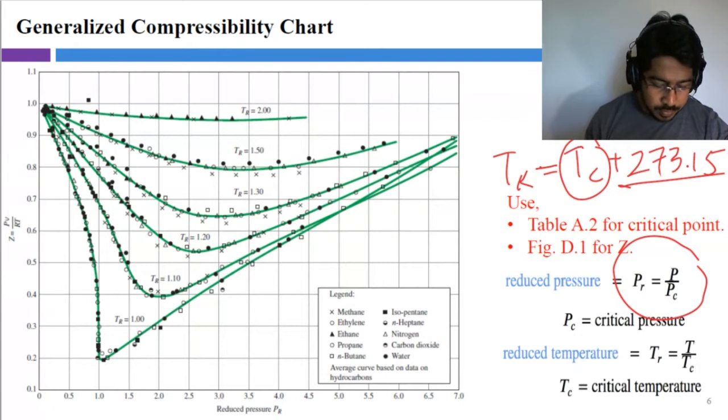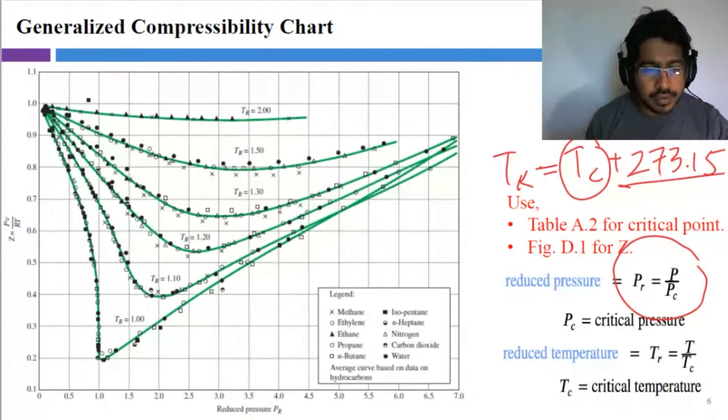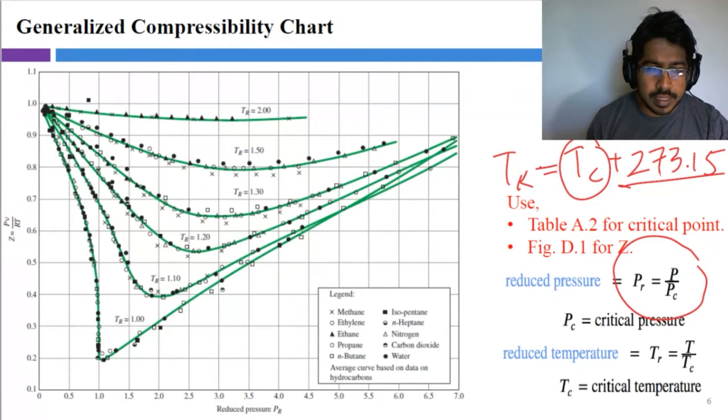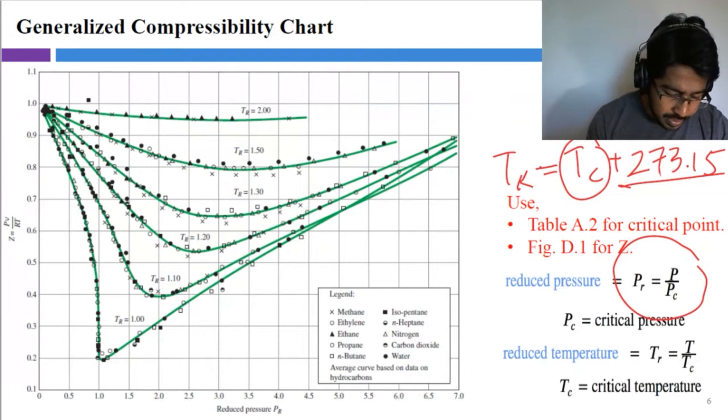Perfect. So now let's say for a given gas, we calculate our reduced pressure as 2, and our reduced temperature is 1.2. In such a situation, we need to find our compressibility factor.